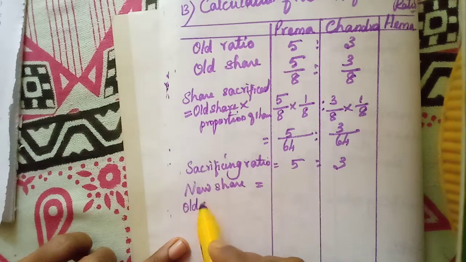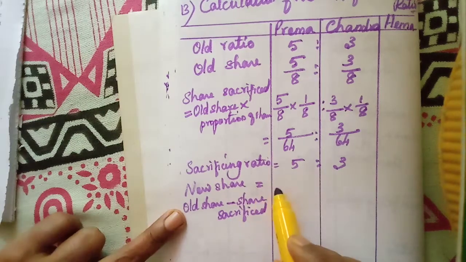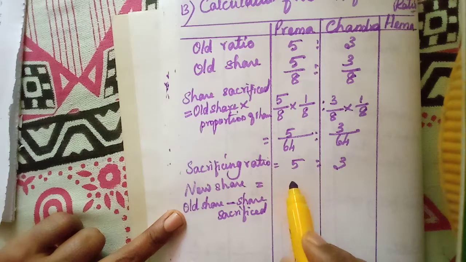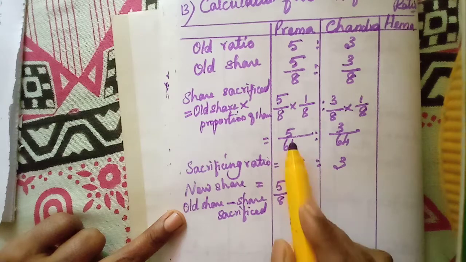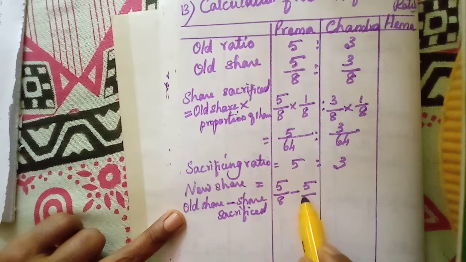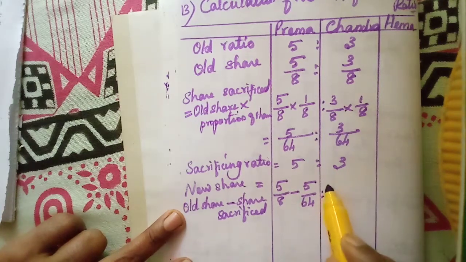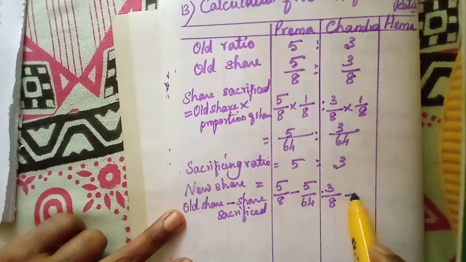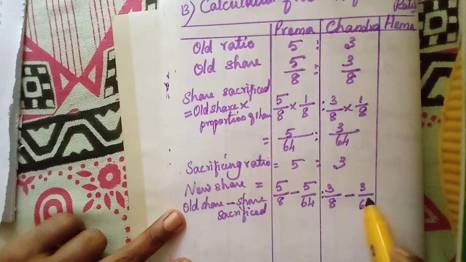Old share minus share sacrificed, that we calculated, isn't it? New share is equal to, what is the old share of Prema? 5/8 minus share sacrificed 5 by 64 is 2. Here what is the old share? 3 by 8 minus share sacrificed 3 by 64.